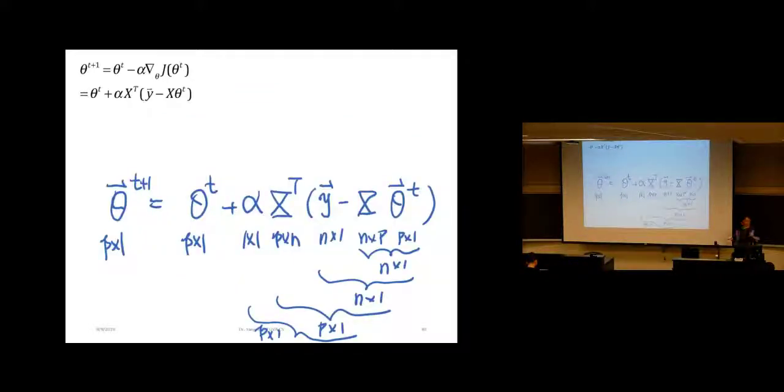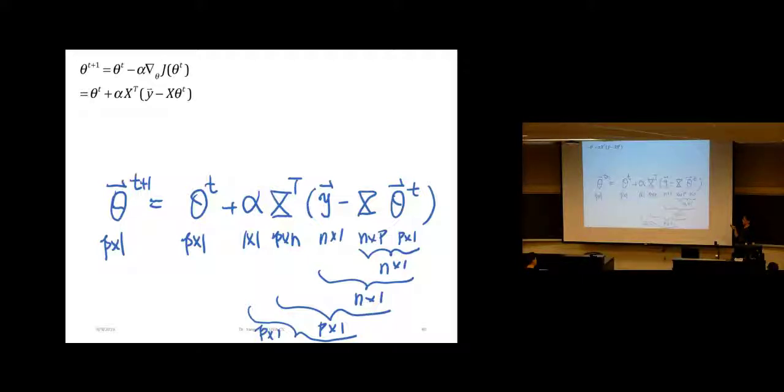So just to confirm, every time I like to do this size confirmation because it tells you a lot of things. So in this gradient, X is our n times p training matrix, because the transposition gives you p times n. The y vector is your training data, all the y represented as a vector. This is n times 1.